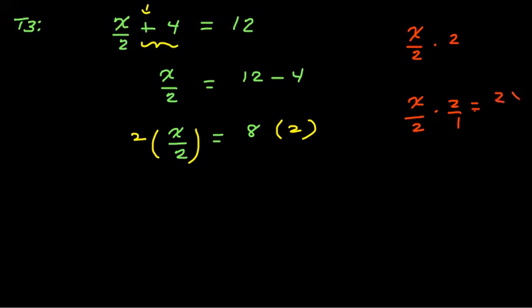So I'm going to have 2x over 2, hence these cancel. So if I'm dividing by 3 here, then I'm going to multiply this by 3. And if I do that to one side, I've got to do it to the other side. So coming back to our problem here, these cancel, and I'm left with x is equal to 16.